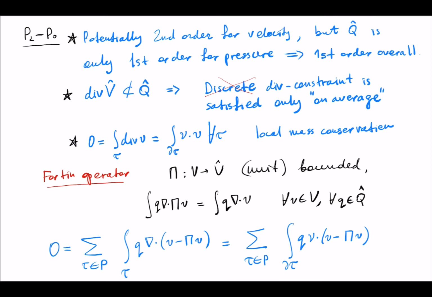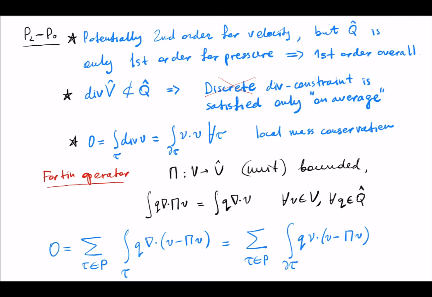When you do integration by parts, there is going to be a gradient of Q, but Q is piecewise constant, so on each triangle the gradient of Q is 0. So we will only get boundary terms over here. This boundary term is Q multiplied by the normal component of v minus pi v. So you can see that this normal component of the difference between v and its projection should be 0 over all the edges.